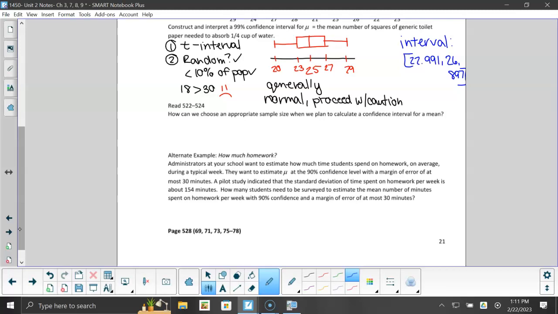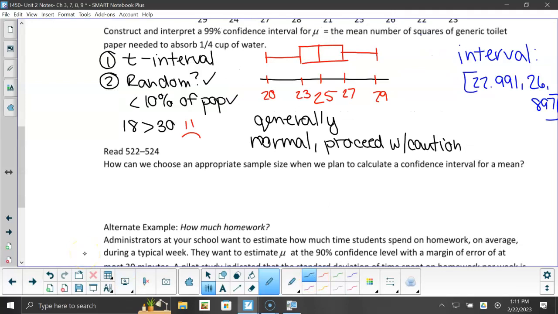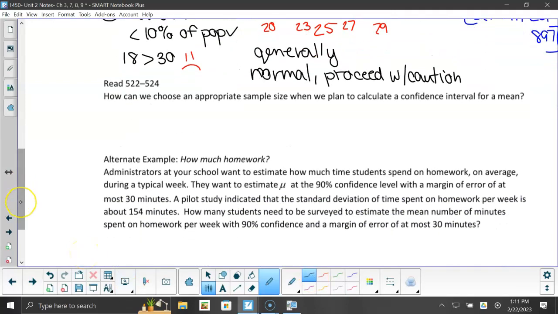So, this next part says, how can we choose an appropriate sample size? To choose an appropriate sample size, we are going to do T star times S over the square root of N. However, we need the sample size to get degrees of freedom.